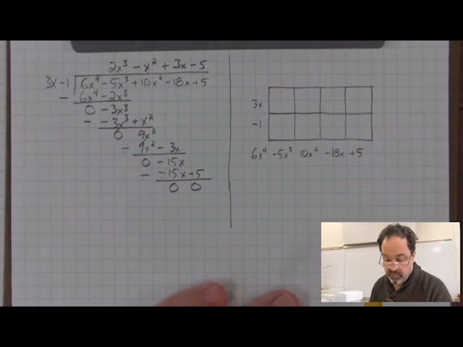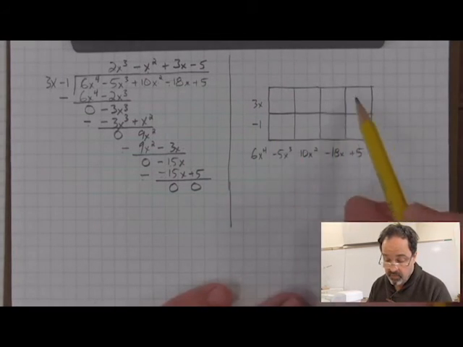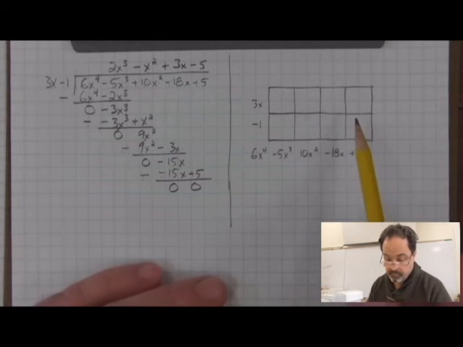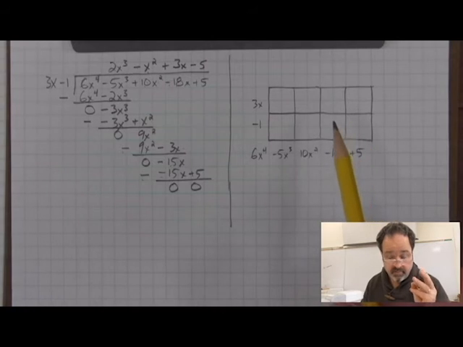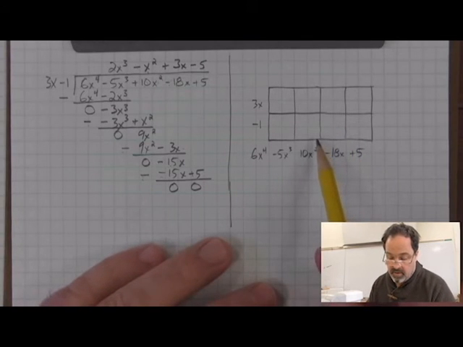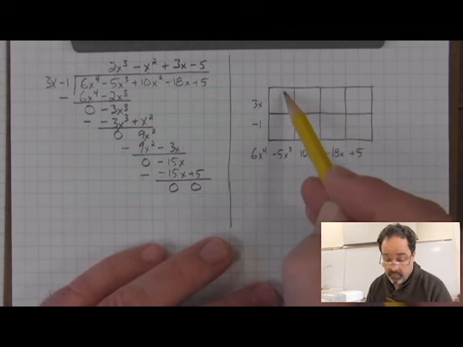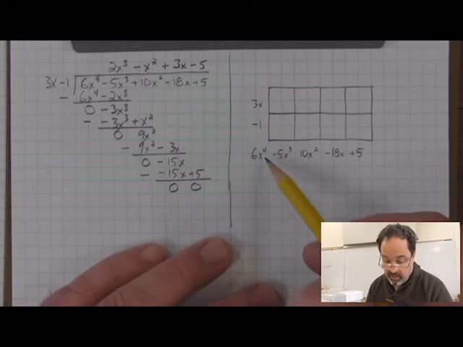I'm going to do this process again, but organized in a different way, taking advantage of the rectangle model for multiplication. It's still a 3-step process. Whatever is in this box, this square, will be our leading term, 6x to the 4th.